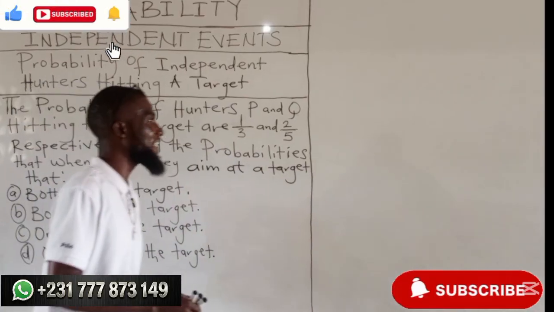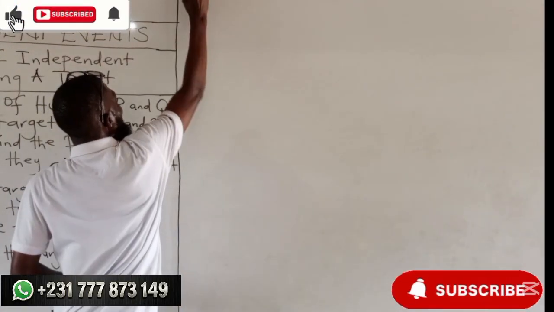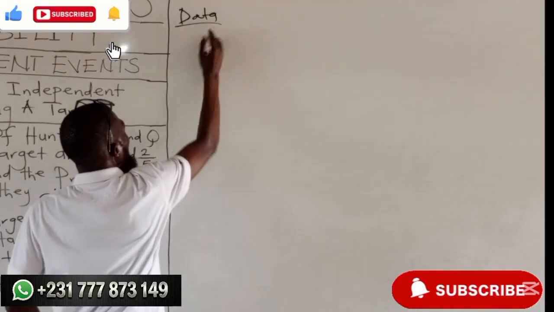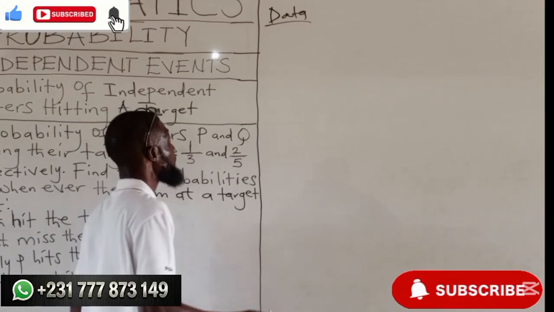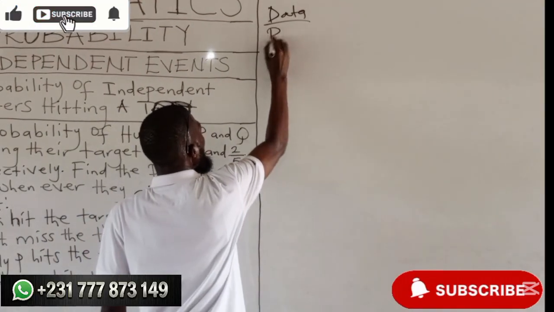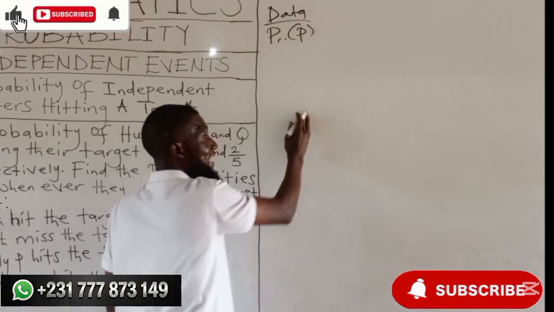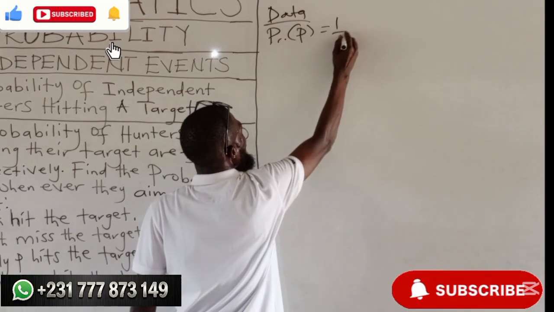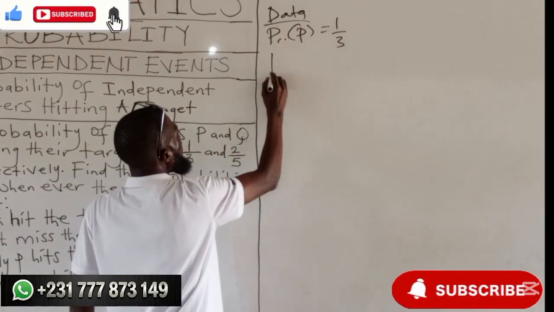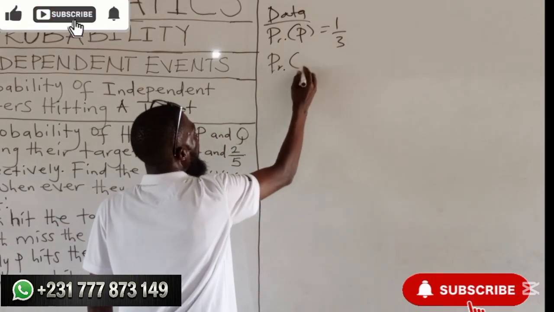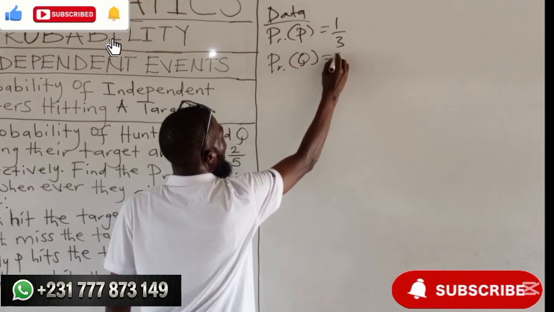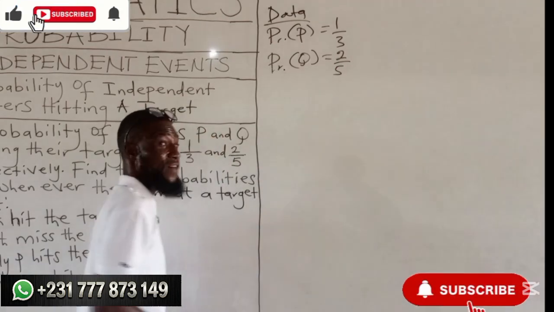So we say, data: the probability of P hitting the target is equal to 1/3, while the probability of Q hitting the target is 2/5.